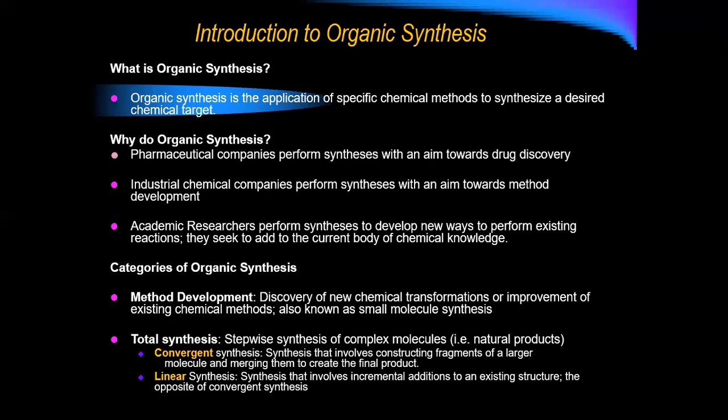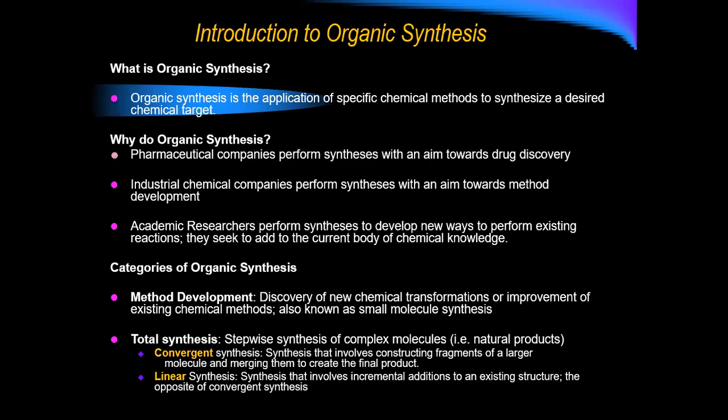Pharmaceutical companies use synthesis for drug design and drug discovery. Industrial chemical companies use synthesis towards development of new products. Think about a product like, and I know this is probably a terrible example, Roundup that you use as an herbicide. Well, Roundup has a specific active ingredient that has to be synthesized.